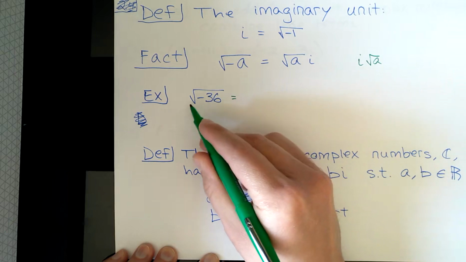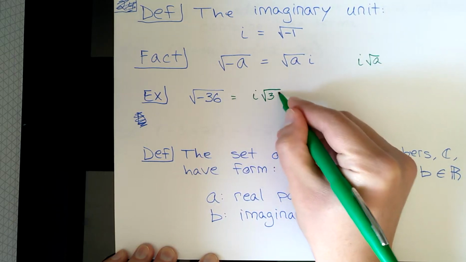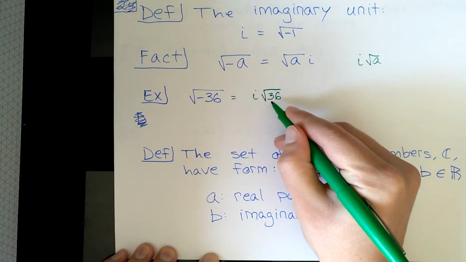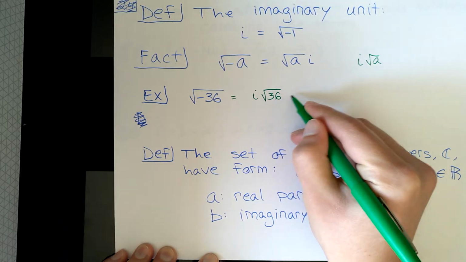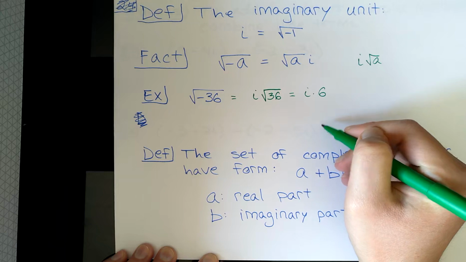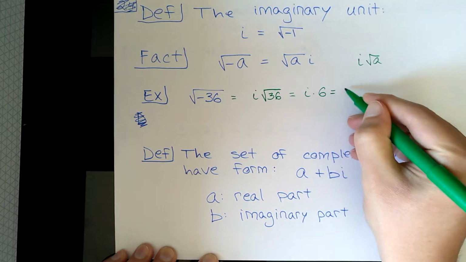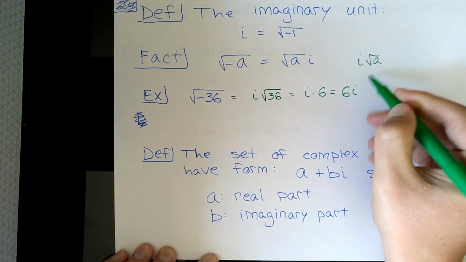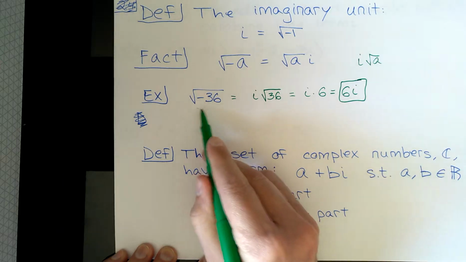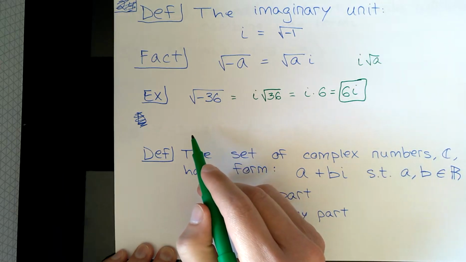So when we take this negative outside of the square root, we would have i times the square root of 36. And now from here, the square root of 36 gives us 6. So we have i times 6, which simplifies down to 6i. So 6i is the simplified form of the square root of -36.